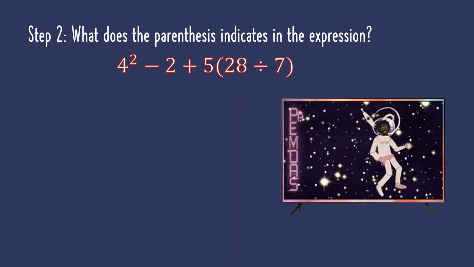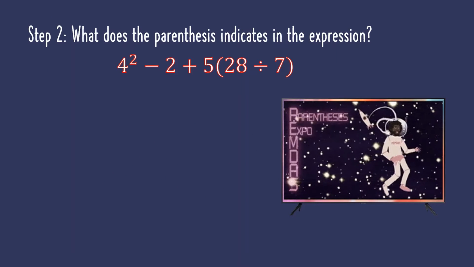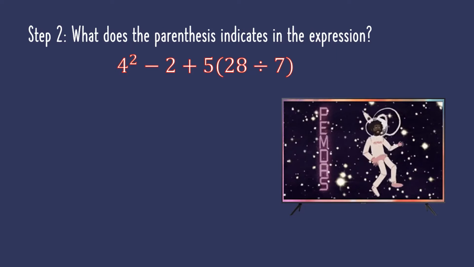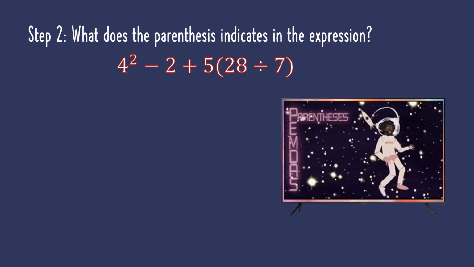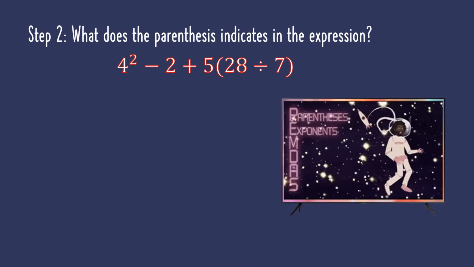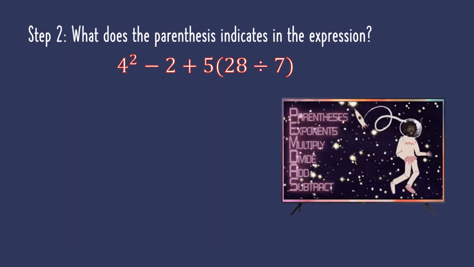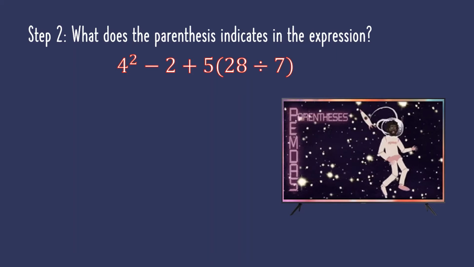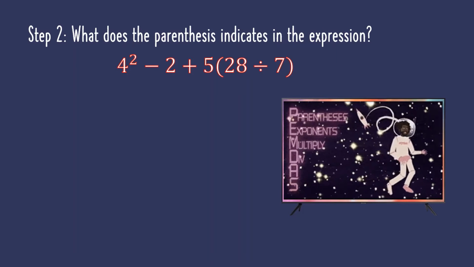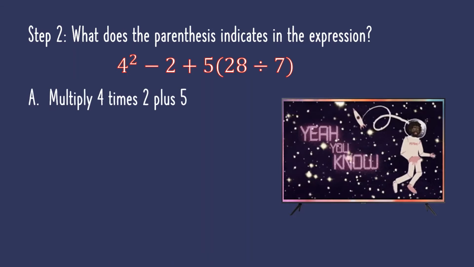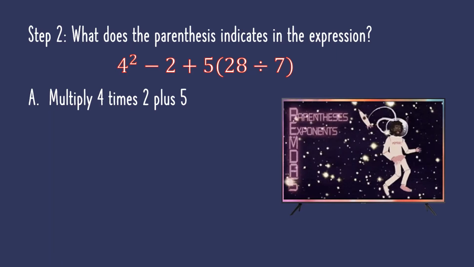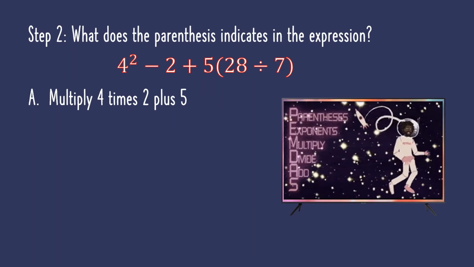Now, the second question I want to ask you, what does the parentheses indicate in the expression? This is what differentiates us from 5th grade and 6th grade. We will now have parentheses and exponents in more of our expressions. So, would it be the parentheses is telling us to multiply 4 times 2 plus 5?